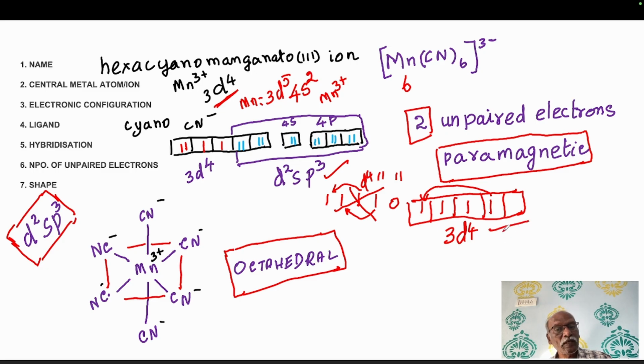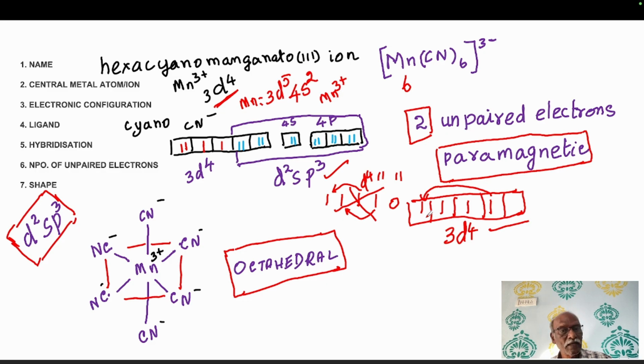For getting 2 vacant d orbitals, it simply pushes one electron here, giving rise to this configuration. It doesn't bother about the next inner orbital, whether it is unpaired or paired. It wants only 2 vacant orbitals.